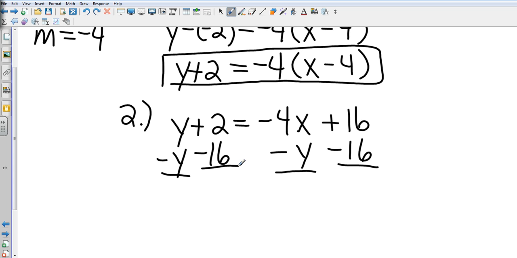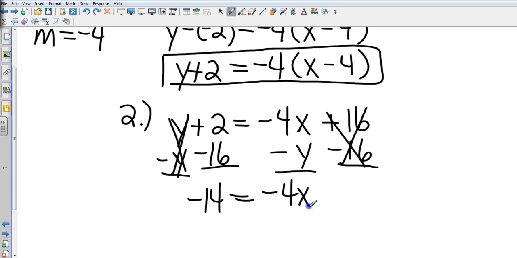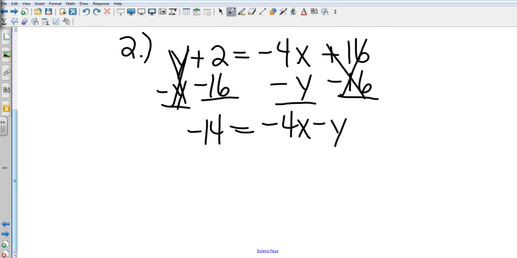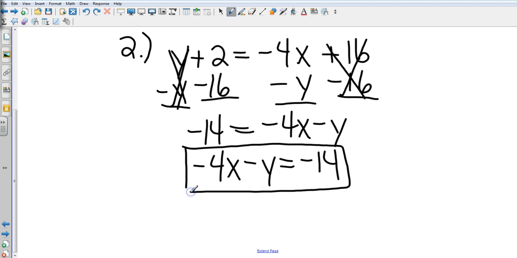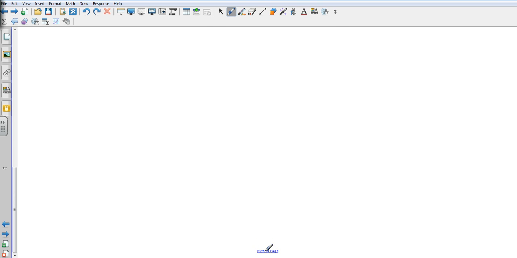So that gives me 2 minus 16, which is negative 14. And negative 4x minus y are not like terms, so I cannot combine them. Now I'm going to change the order here. Just flip it around. That way it's in perfect ax plus by equals c form.